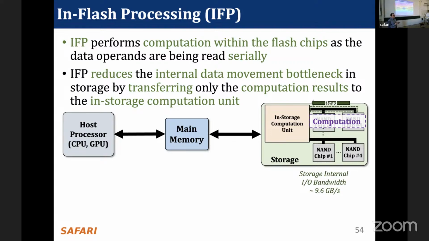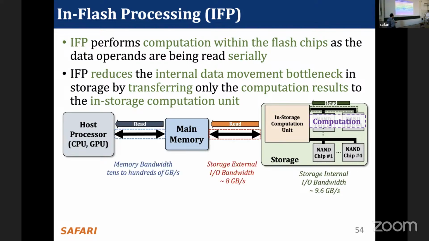But if you do computation inside the storage but don't really reduce data, and in the end you need to send back your results to the processor-centric side, probably you're not going to observe good performance. So it's always good to think about it when you think about storage-centric computing.